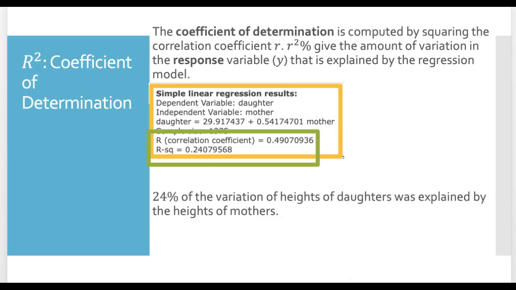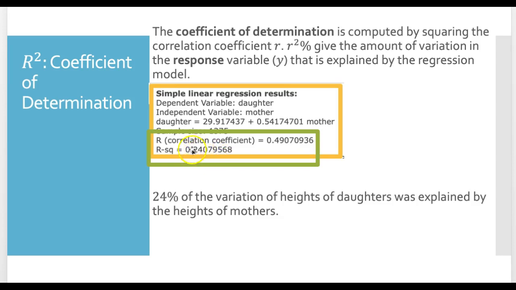And what it does is it gives the amount of variation in the response variable Y that is explained by the regression model. So if we go back to the example of exploring daughter-mother heights, here we come back to this R squared. If you take 0.49 and you square it, you will get roughly about 0.24.